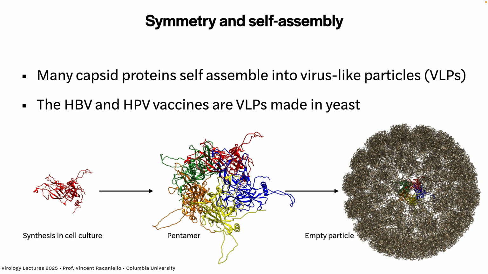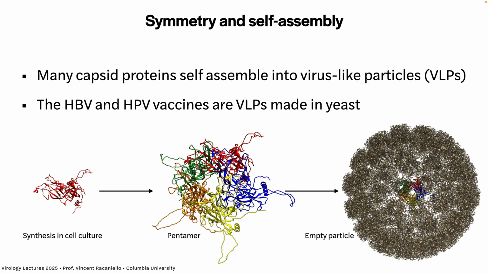But the vaccines for hepatitis B virus and the vaccines for human papillomaviruses are virus-like particles made in yeast. That is because there's a single subunit for both of these viruses. All you have to do is make that protein, in this case in yeast, it folds and assembles into virus particles. All the information to make the virus particle is right there in the sequence.